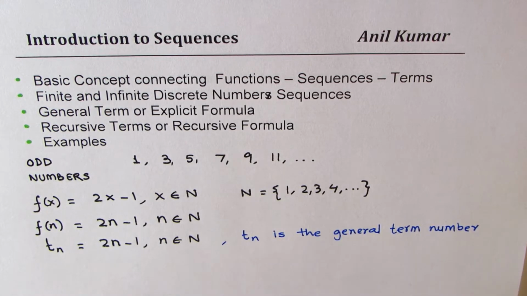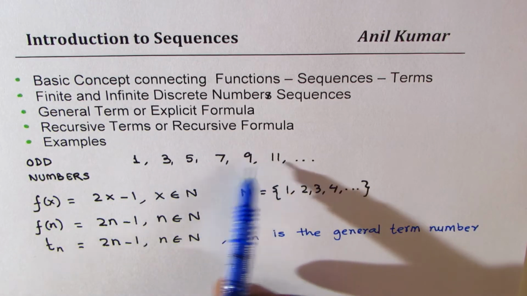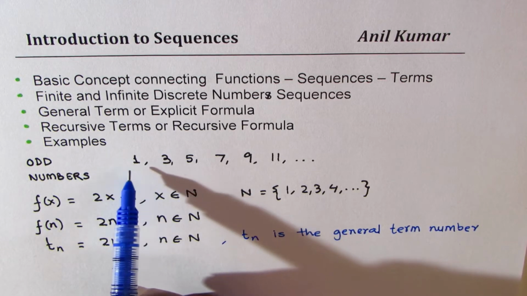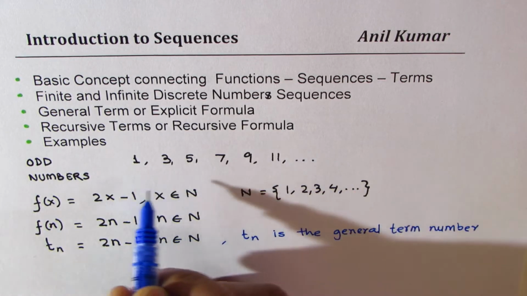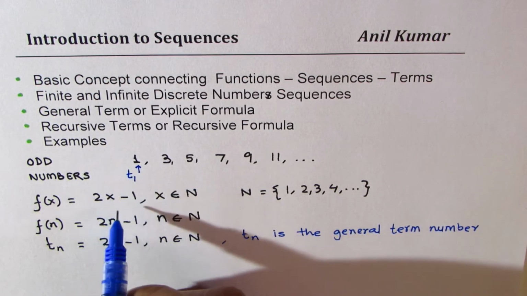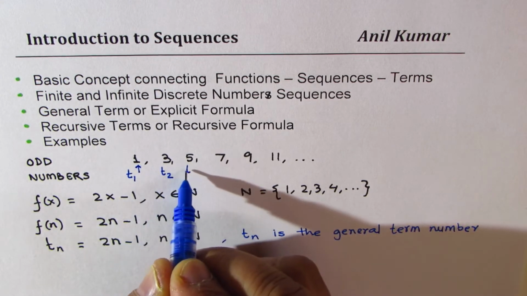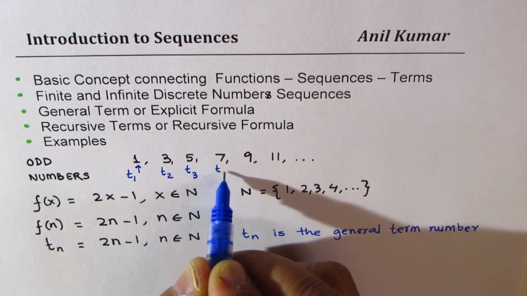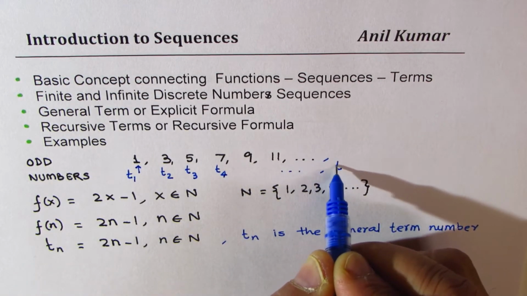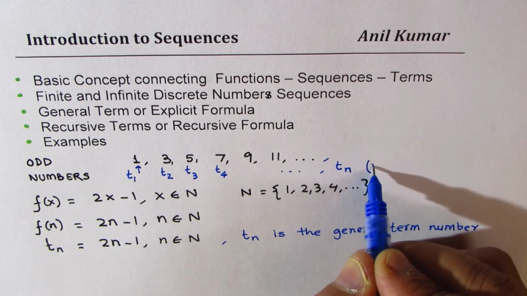Now, what are term numbers? Well, all these numbers in our sequence are actually given their position, right? So they are defined by position. So this is like term number 1. We say this is T1. This is T2, term number 2. This will be T3. This will be T4, and so on. In general, we can write Tn, where Tn means nth term.